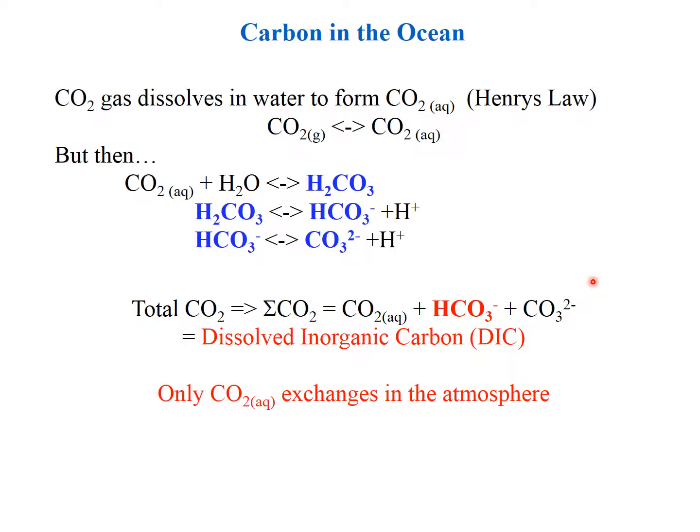Because there's so much more carbon in the ocean than there is in the atmosphere, the ocean really determines what the atmospheric concentration is. So if we start to acidify the ocean and there's proportionally more CO2 than there is this guy, that means there'll be much more aqueous CO2 that can exchange with the atmosphere. So the CO2 concentration in the atmosphere will go up.